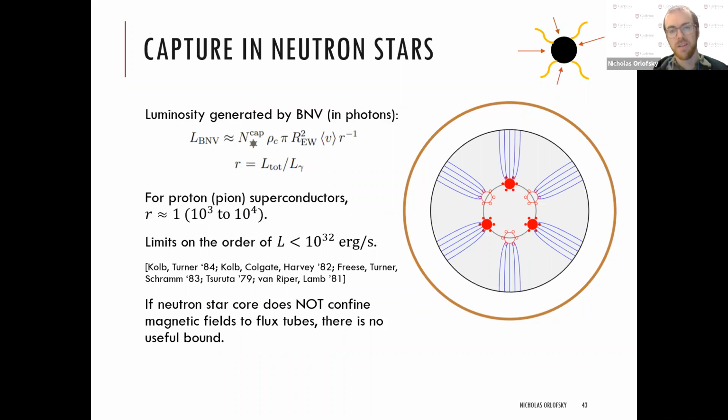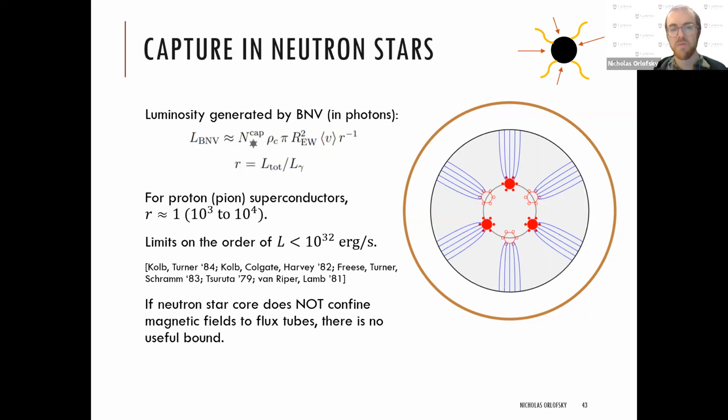Now, the neutron star is, of course, much more opaque than even the sun. So you're never going to actually see the direct emission from one of these black holes getting all the way up to the surface. And so you need to relate the emission that you get at the black hole to the emission of photons at the surface, because these are much more distant.